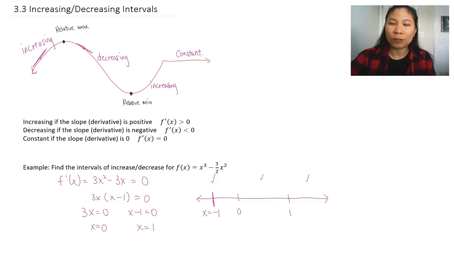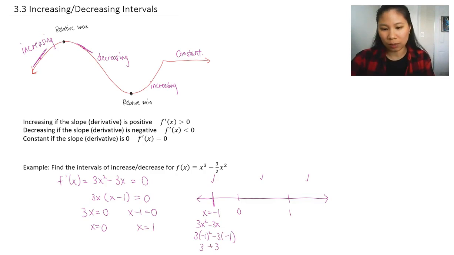Whatever number I get is going to be the slope. We just want to know if that slope is positive or negative. So plugging x equals -1 into my derivative of 3x squared minus 3x, I get 3 times -1 squared minus 3 times -1. That's going to be a positive number because I get positive 6.